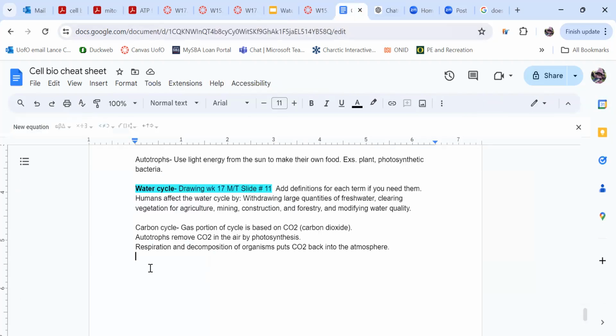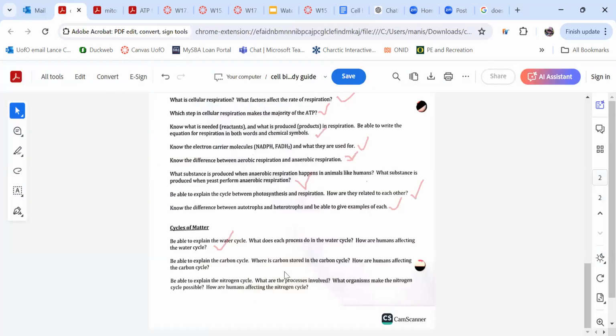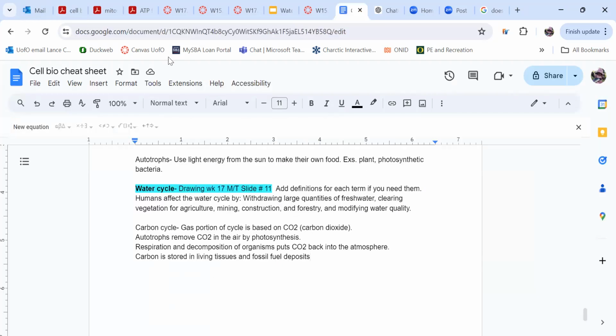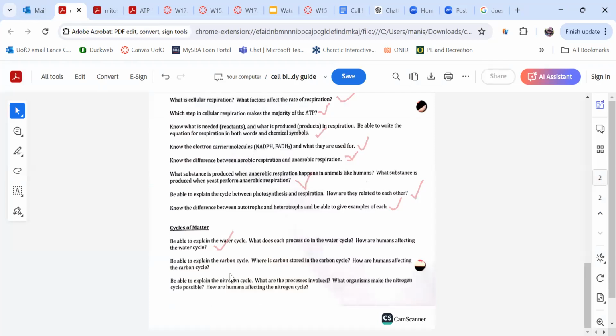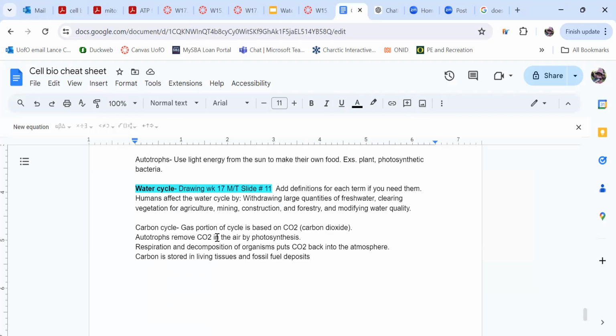So when asked, where is carbon stored in the carbon cycle? We have that, right? It's stored in living tissues and fossil fuel deposits. We have be able to explain the carbon cycle. I mean, this is really good here, right? Gas portion of cycle is in the air. Autotrophs remove it. Respiration, decomposition, put it back. And carbon can also be stored in living tissues and phosphate deposits.